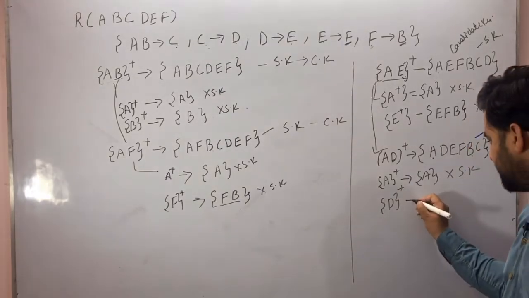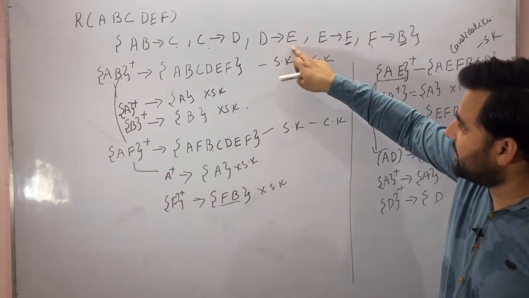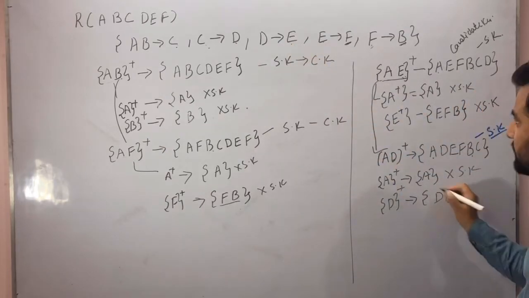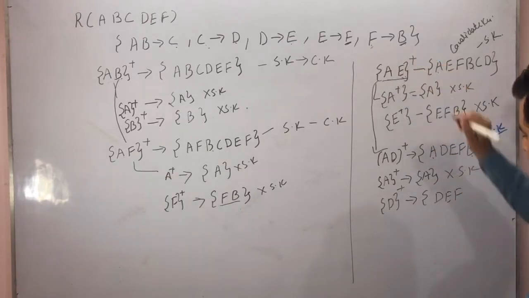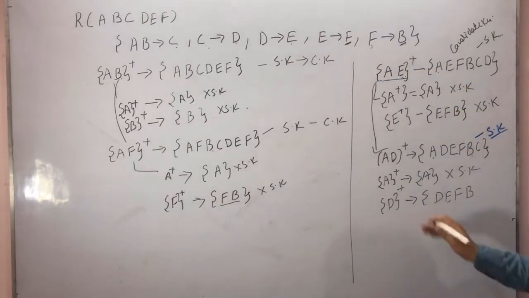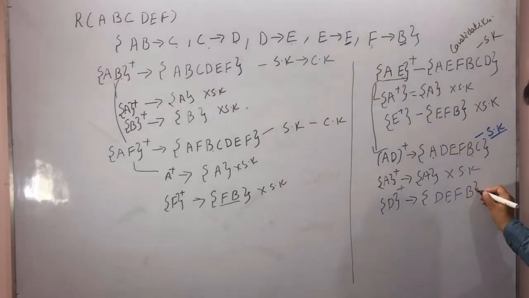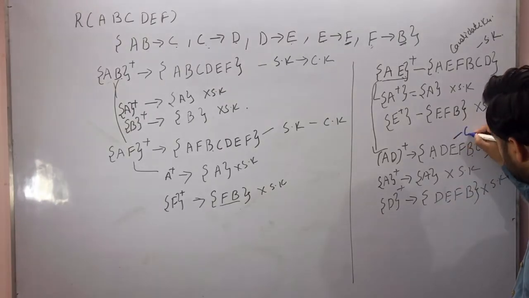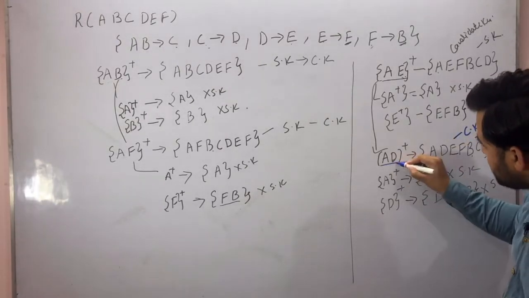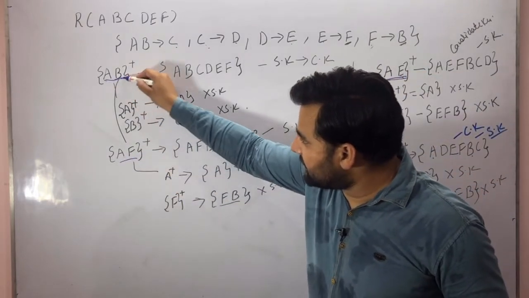The closure of D, student, is D, and from D I'm going to E. From E I'm going to F. From F I'm going to B, and from B I'm not going anywhere else. Okay, so these are the attributes, and this is also not a super key. So what is the meaning? The meaning is that this is also a candidate key. So these are the candidate keys in my relation.